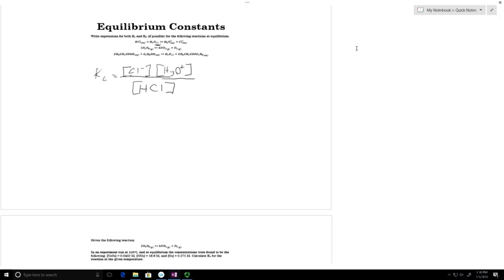The reason they're unitless is because whenever you record the concentration, let's say, if it's molar, it's always related back to 1 molar. So then your molarities cancel out, and you're left with just X, whatever that value is.